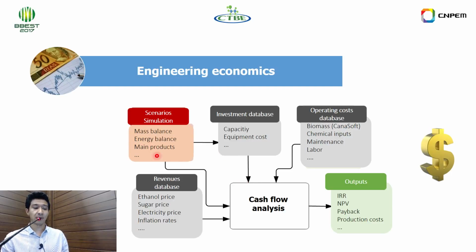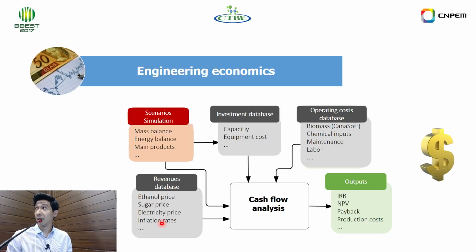In the red box we have the Aspen simulations where mass balances, energy, and the main products can be used to estimate, for example, the investment we have in our industrial plant. So we cross this data from Aspen, and then we can obtain, based on capacity, for example, how much I would invest in the group of equipment.